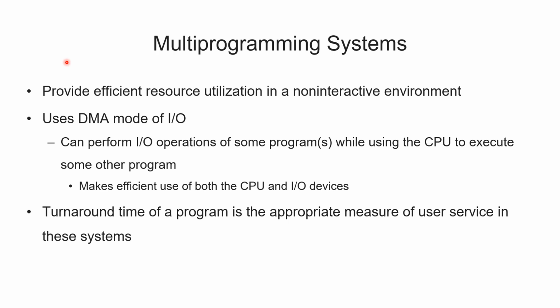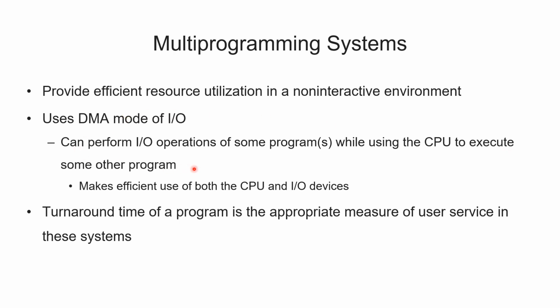This multiprogramming system employs the DMA mode of input output. That means it can perform the input output operations of some programs while using the CPU to execute some other programs.